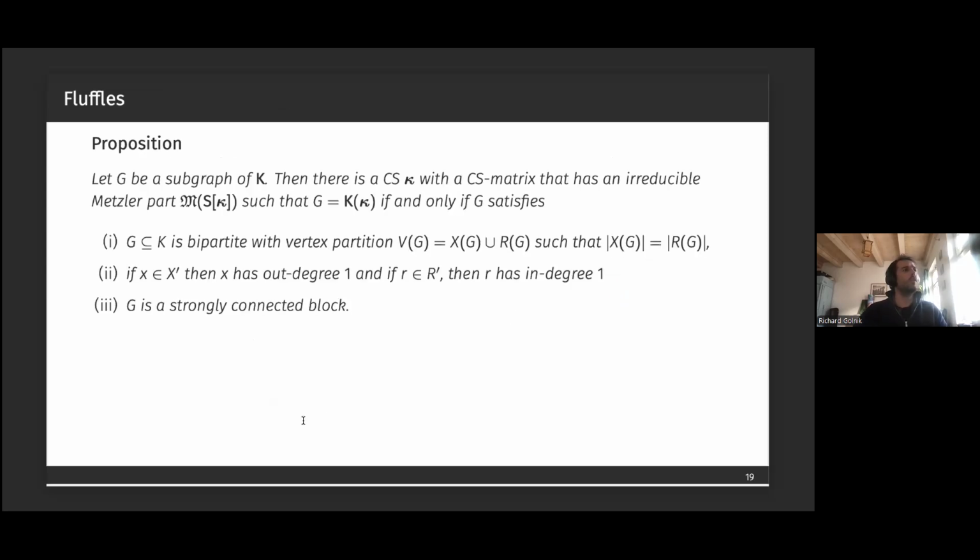And all of these things that we translated into the bipartite Königs representation give the notion of a fluffle.